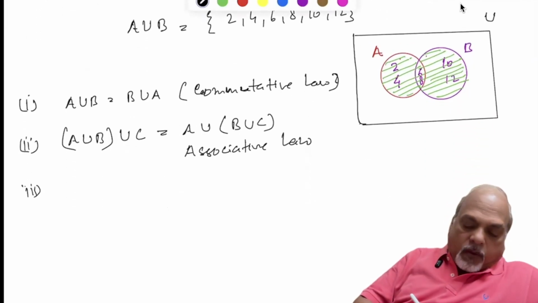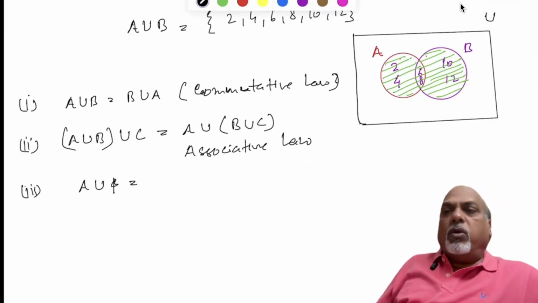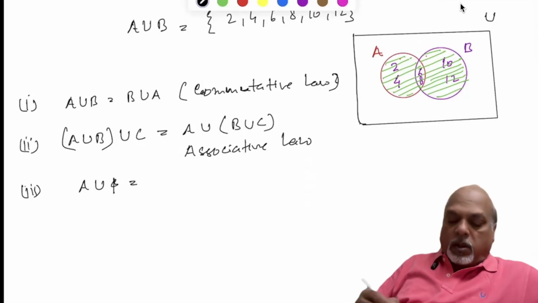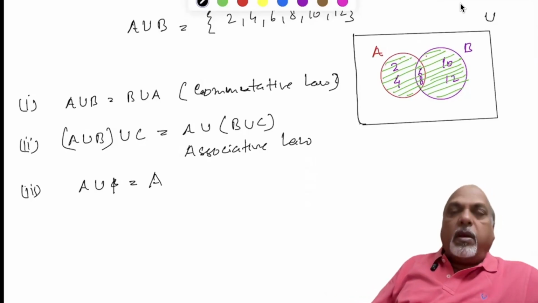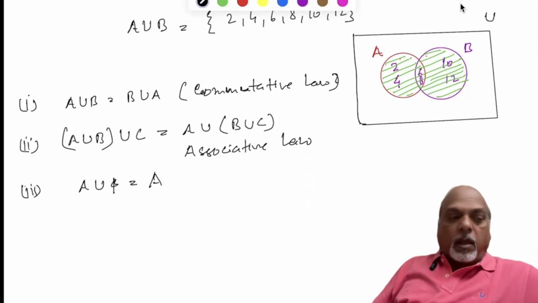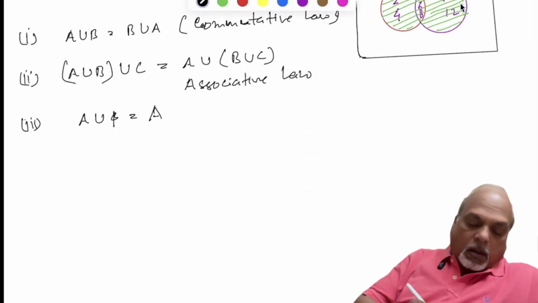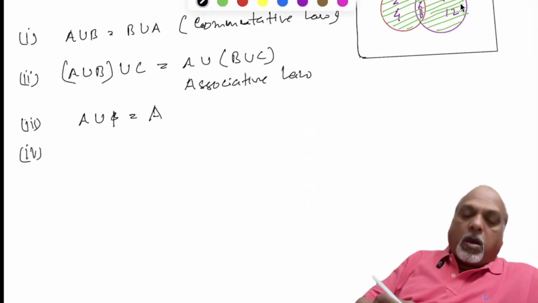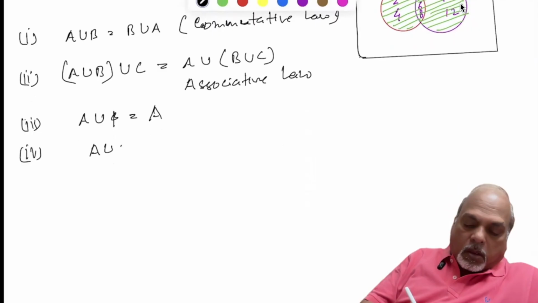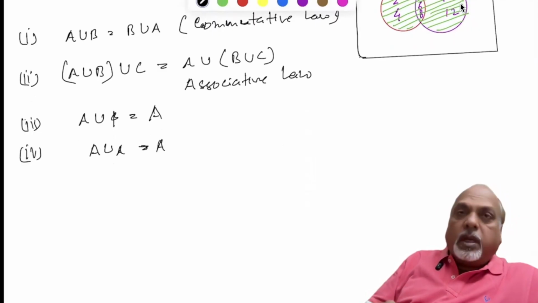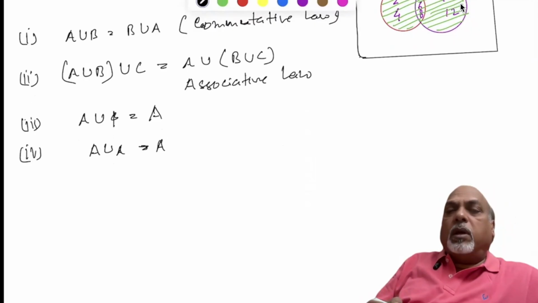Now, the third one, A union phi. Phi has no element, but A has elements. Correct. So this is nothing but A only. Then what about A union A? This will be A only, because all the elements of A will be in A union A also.